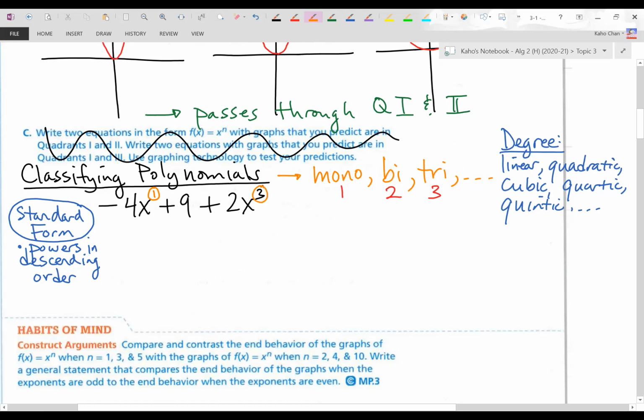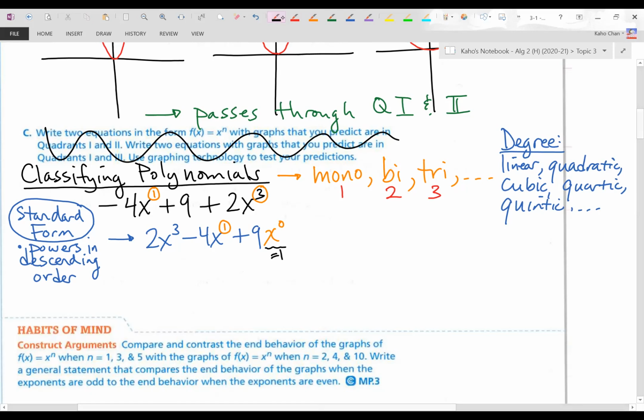So 2x to the third is definitely the largest degree, so I want to put that first, 2x to the third. Minus 4x is next, and plus 9. Just a reminder that 4x has an invisible 1 right there, and technically, the 9 is a constant. It does have a variable, but that variable is to the 0 power. It's invisible. That's technically 1. So it's not even written, so to speak.